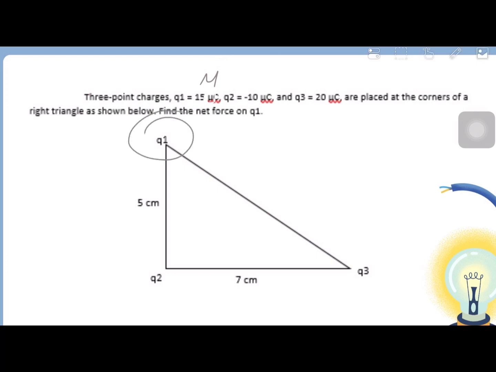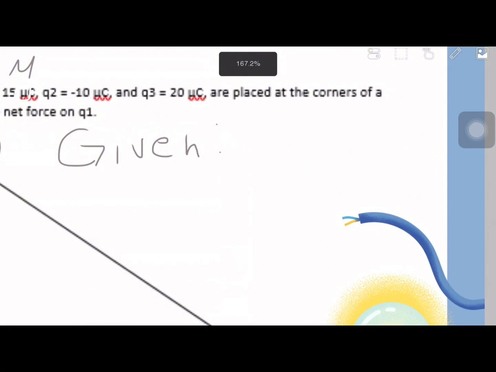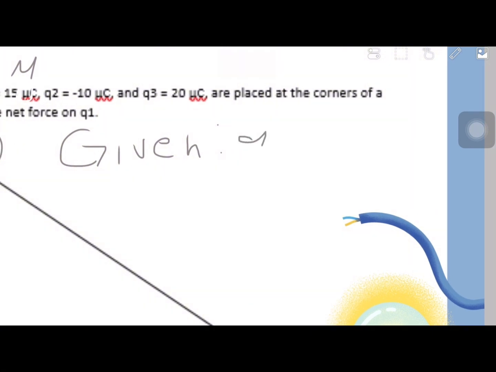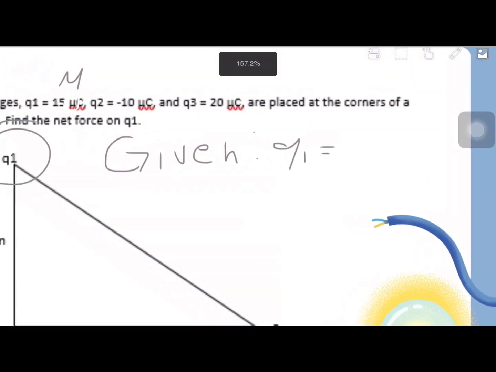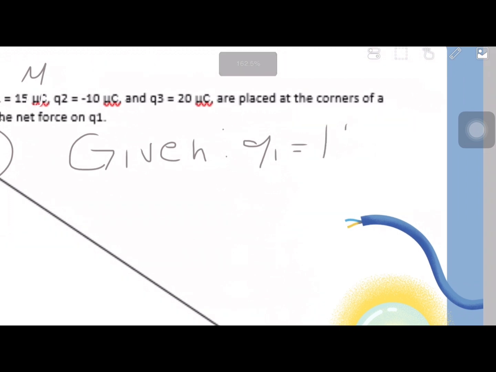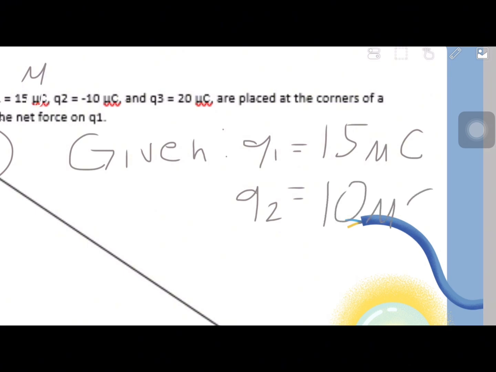So first and foremost, we will need to tackle the given. So our own Q1 would be 15 microcoulomb. Q2 would be 10 microcoulomb. Why? Because Q1 and Q2 would only represent the magnitude of our own charges and not the direction of the charges.